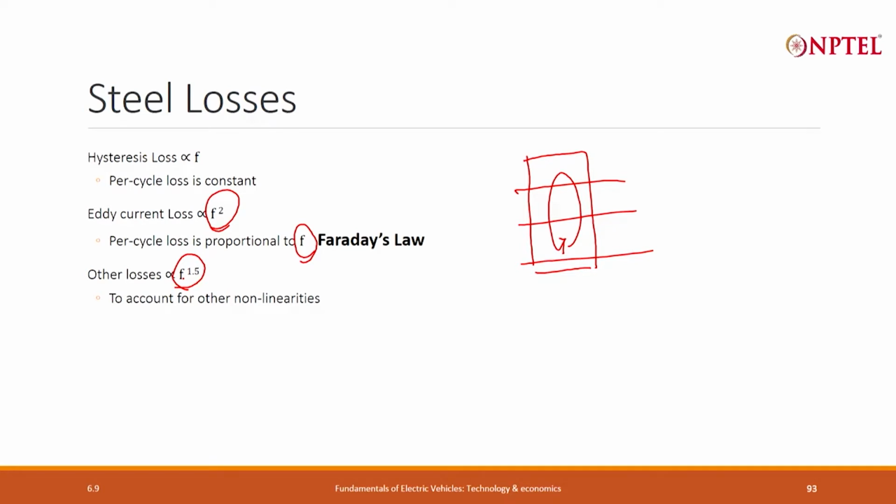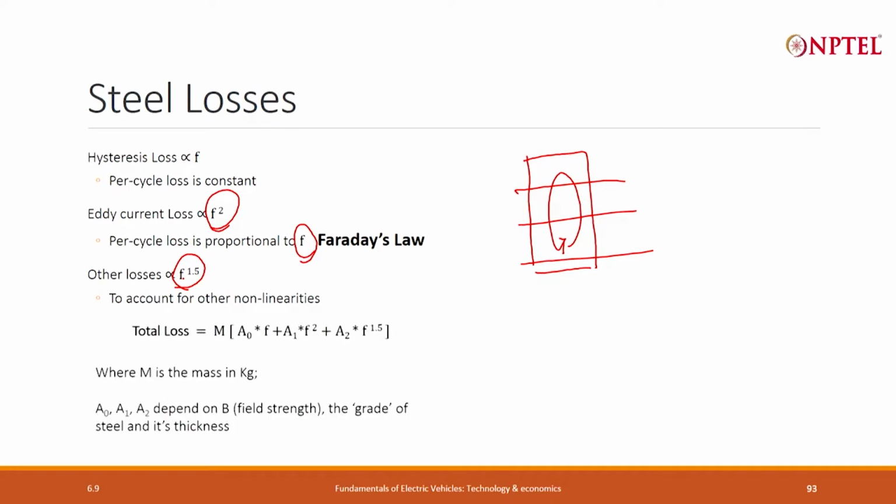So, by adding all of these losses, we will know the total loss. There is a coefficient with f, another coefficient A1 for the eddy current, and for the other losses, f to the power of 1.5, there is another coefficient called A2, and all of these multiplied by the total mass of the steel in it will give us the total loss.